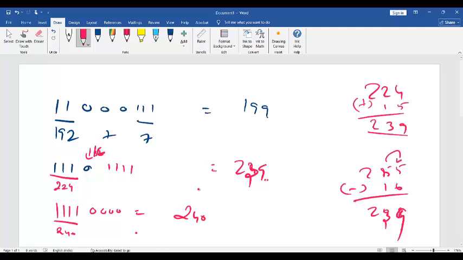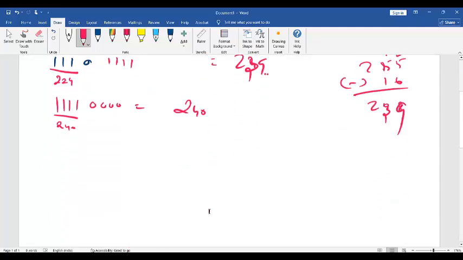Okay. Shall I give you 2 more? Yeah, one more, please. Okay. 255 minus 128. 127.